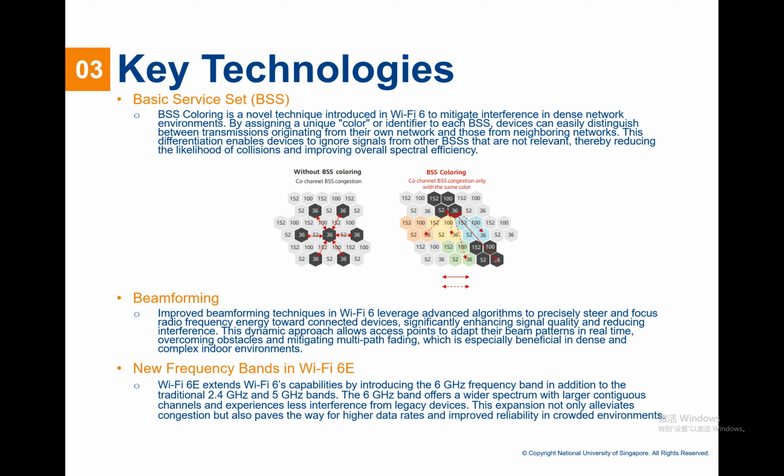The 6 GHz band offers a wider spectrum with larger contiguous channels and experiences less interference from legacy devices. This expansion not only alleviates congestion, but also paves the way for higher data rates and improved reliability in crowded environments.